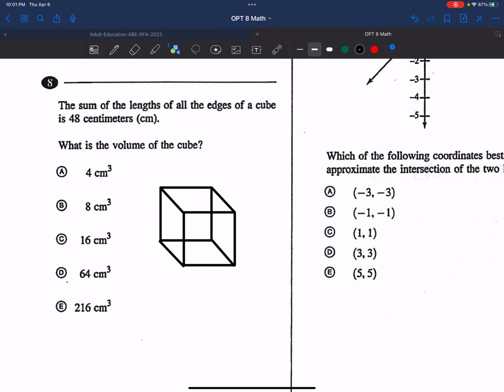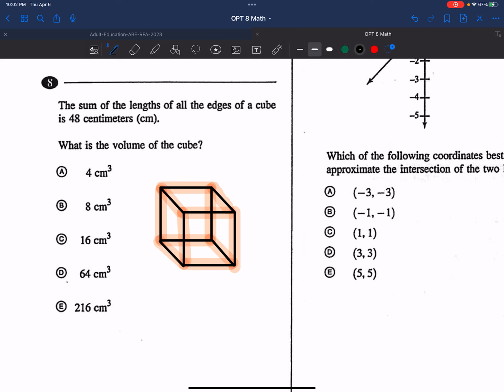But let's figure out how many edges there are in a cube. Edges are going to be these. There's 1, 2, 3, 4, 5, 6, 7, 8, 9, 10, 11, 12.